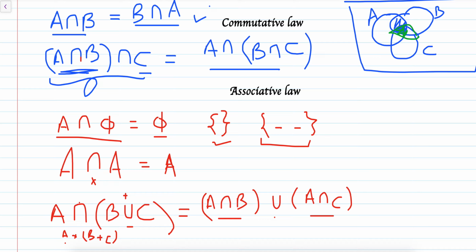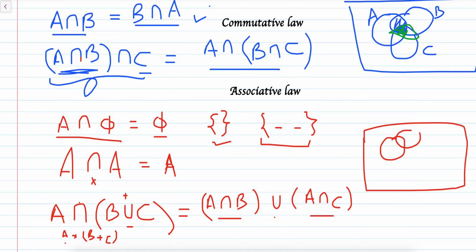So we can prove it using the Venn diagram quickly. So this is A, this is B, and this is C. So first we find B union C. So it would be this region, and then intersection with A. So it will give this part.